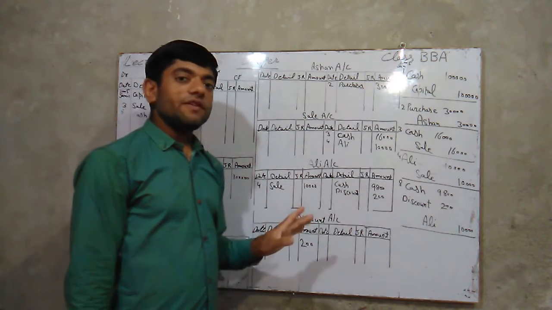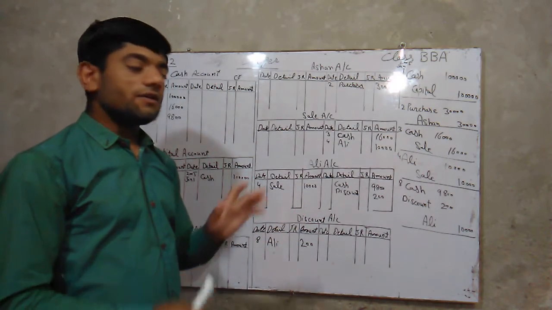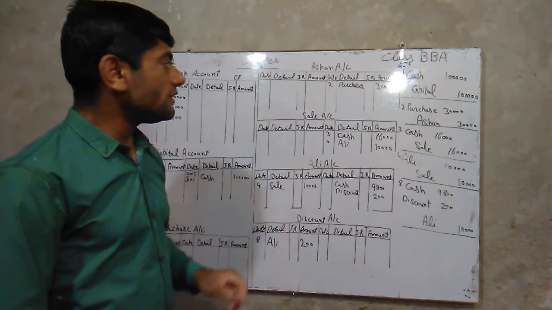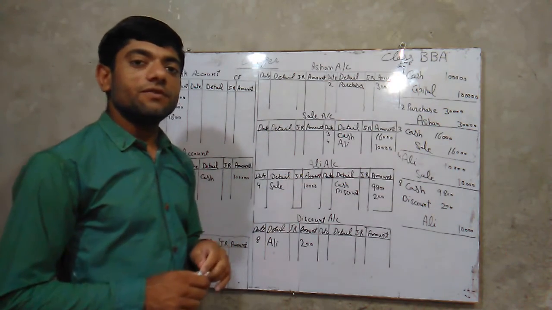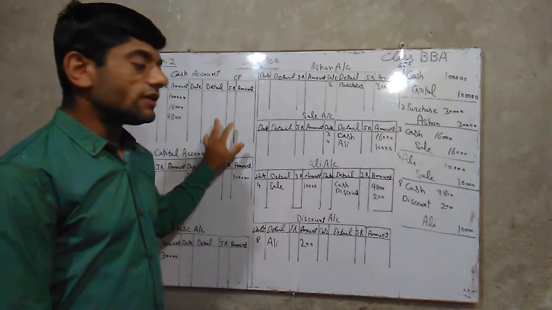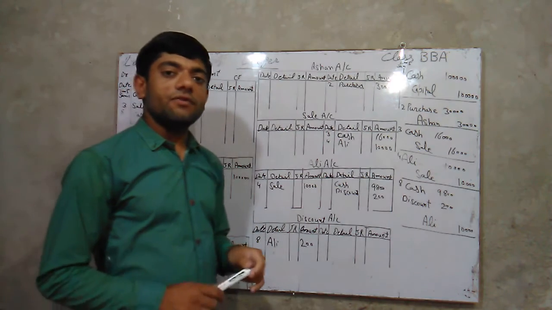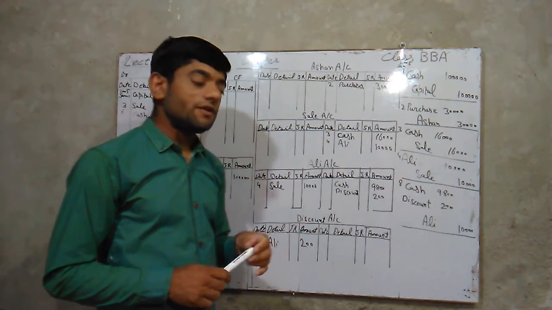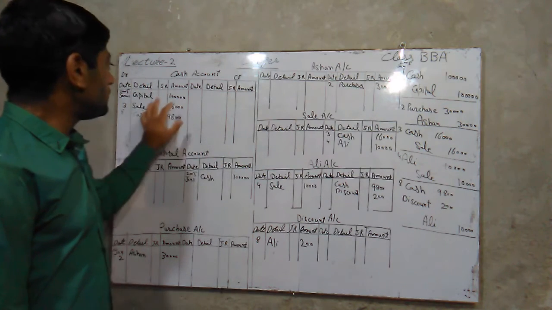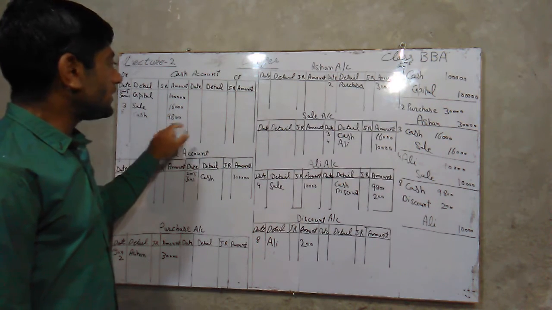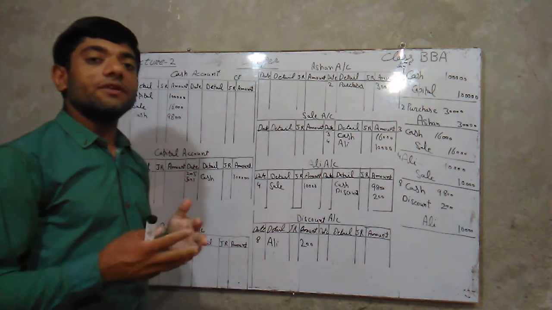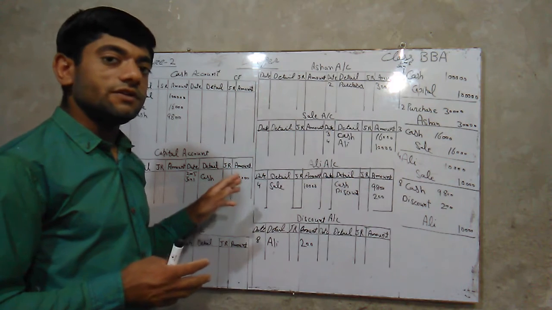In the previous lecture we also discussed the importance of the ledger. We can check the balance of every account from the ledger, and we can also get information about any account from it. It's a proof. We can see where we spent cash and where we got cash from, and check the inflow and outflow of cash easily.